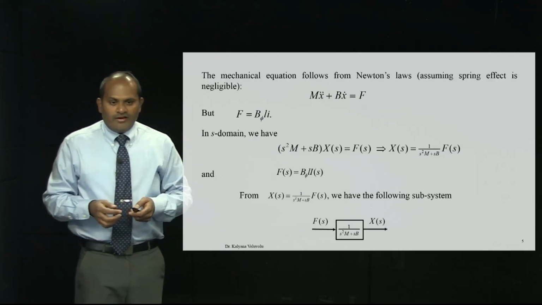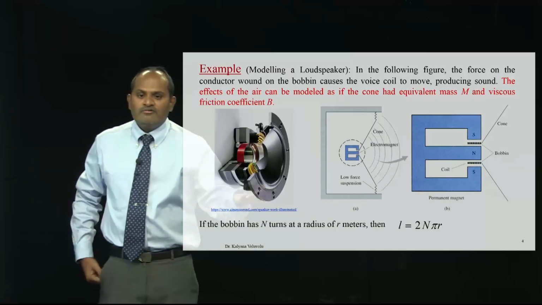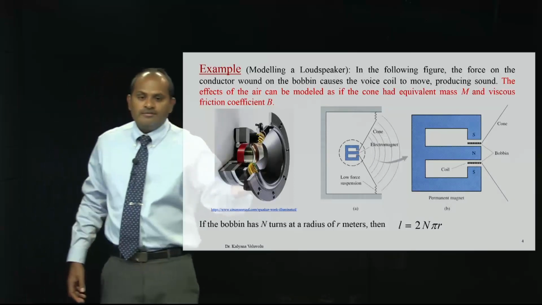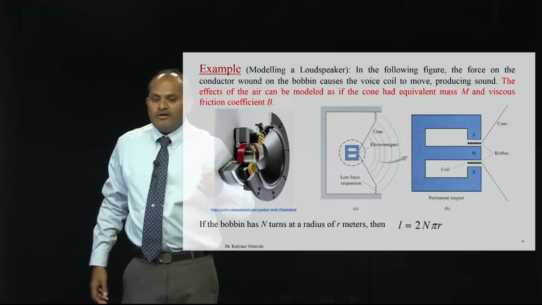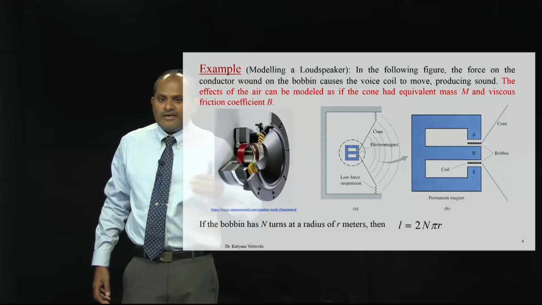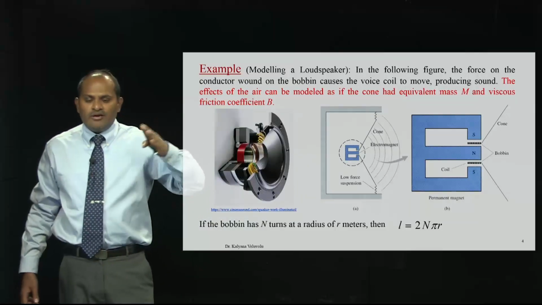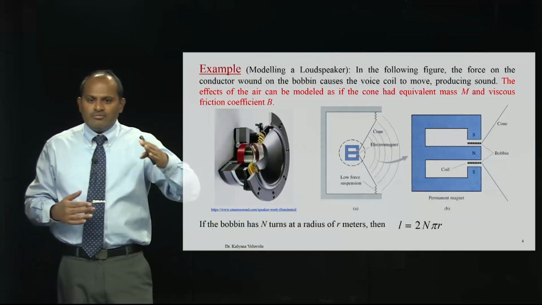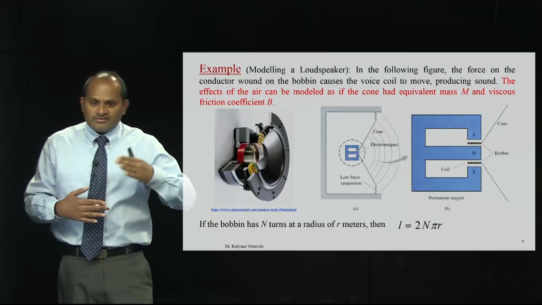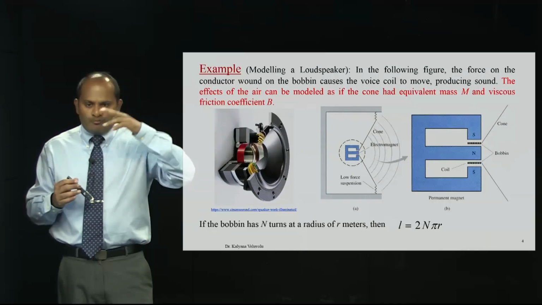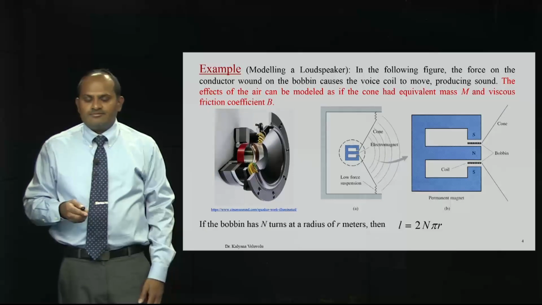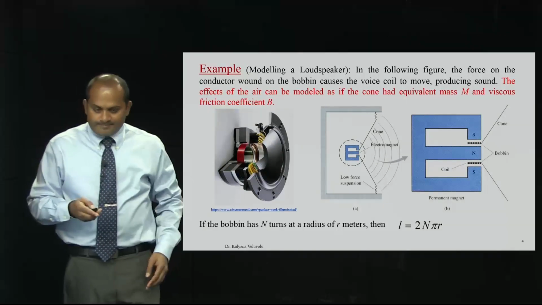Finally, we are able to model a loudspeaker from the input current to the mechanical displacement. The mechanical displacement is the bobbin movement or the diaphragm movement, and this diaphragm movement causes the air molecules to displace and produces waves in the atmosphere.